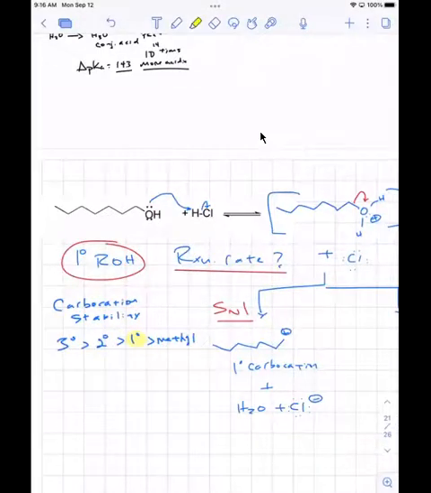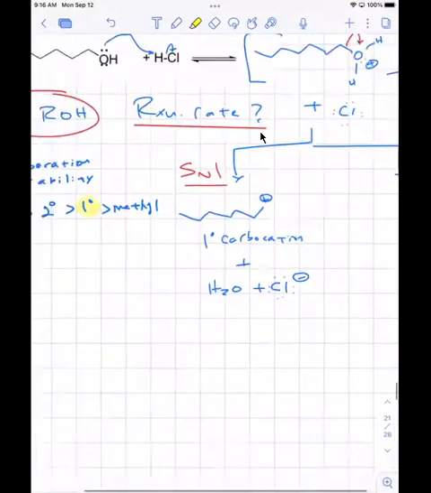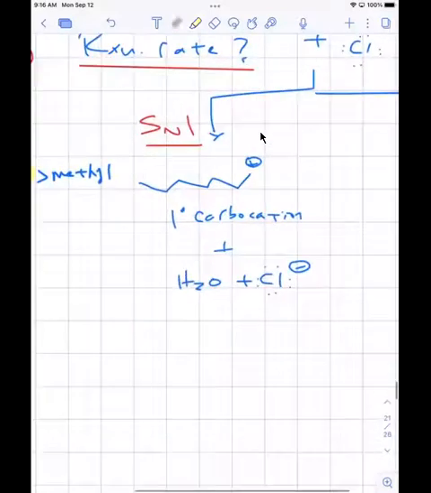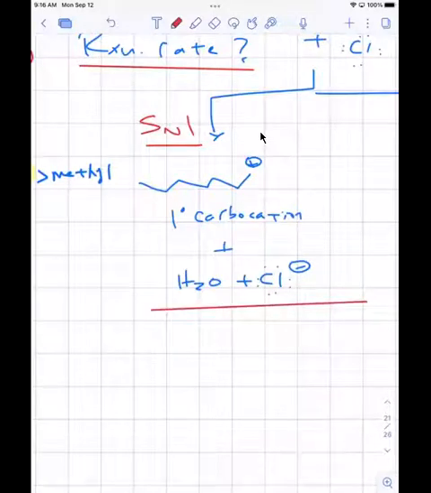It's horrible, right? That's why I said on Friday, certain tools work on certain reactions and certain tools don't. So for this reaction, the HX route for a primary alcohol is bad because you're going to form a primary carbocation.